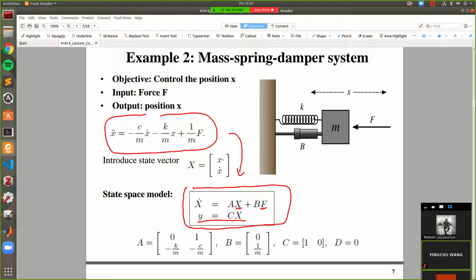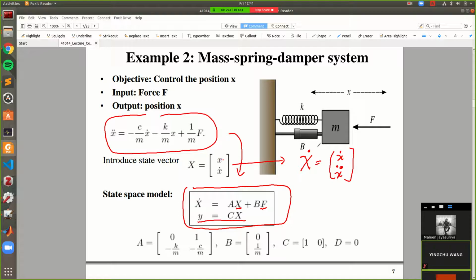If you look at the state space model, what you're relating is this state vector X with its derivative X dot, right? So if our state vector is x and x dot, what is our capital X dot? It will be x dot and x double dot, right?